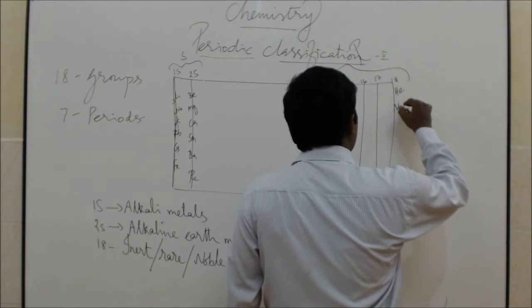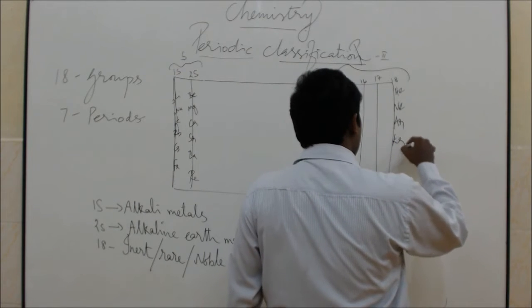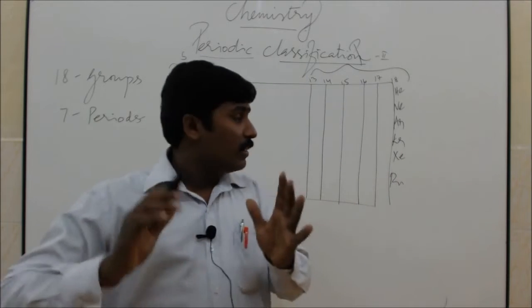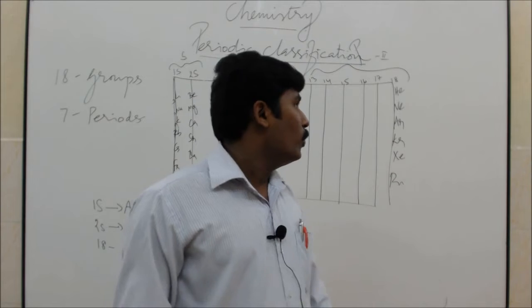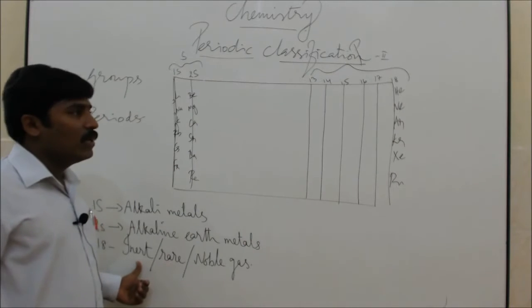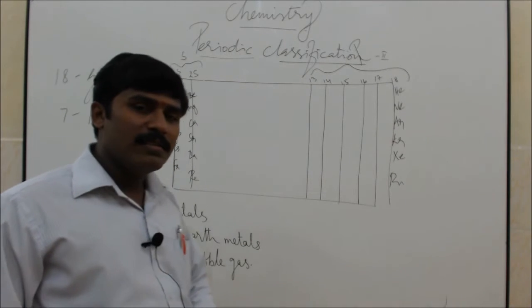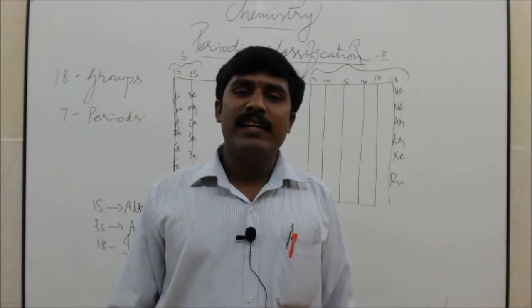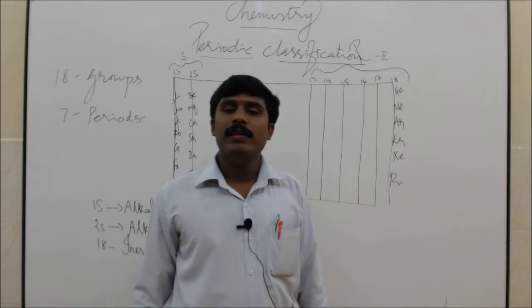Helium, neon, argon, krypton, xenon, radon. These are inert gases. Why inert gas? Because inert gases contain completely filled electronic configuration like ns2, np6.